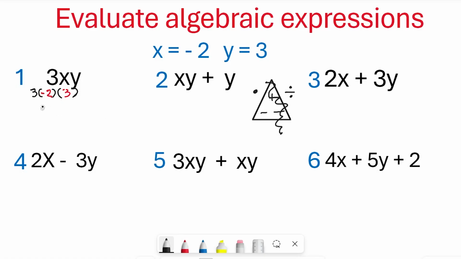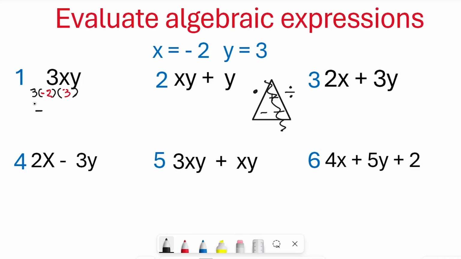So the answer should be negative. But then I'm going to keep multiplying because I have to multiply all the signs. Negative times a positive. So cover the two signs that you have in that multiplication. That tells you that the answer should be negative. So all of this should be negative.